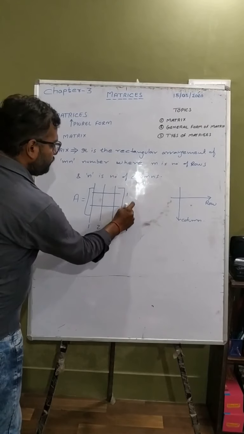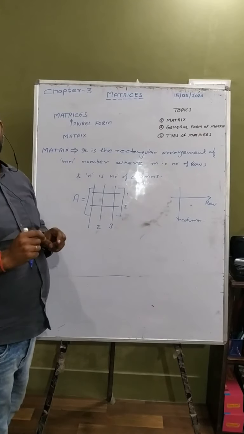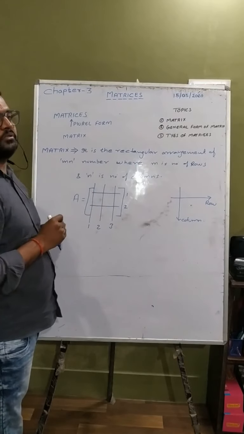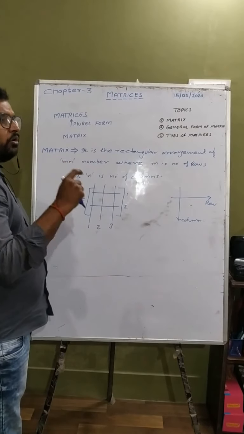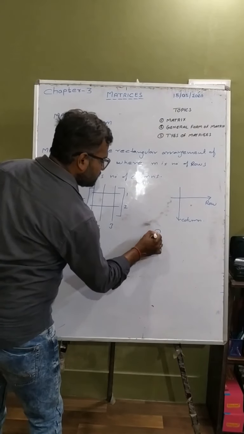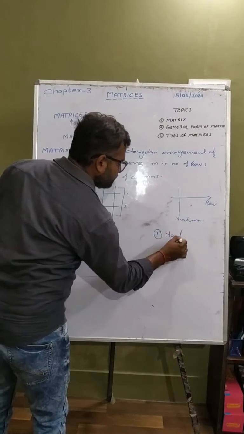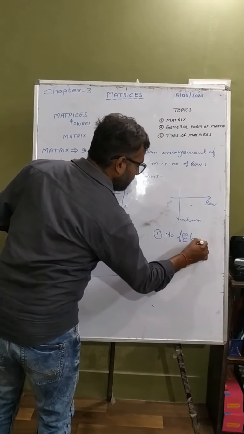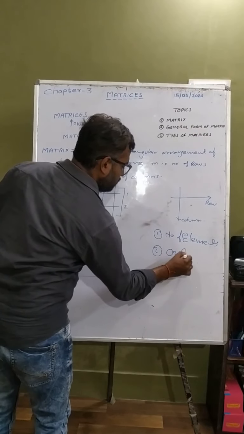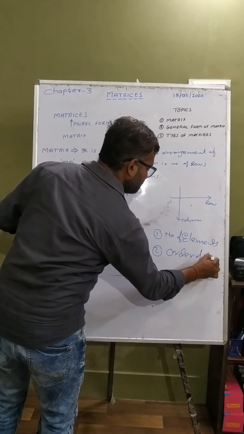If the number of rows and number of columns are given, then we can find the total number of elements in the given matrix, and we can also find the order of the matrix. The two terms that arise here are the number of elements and the order of the matrix.